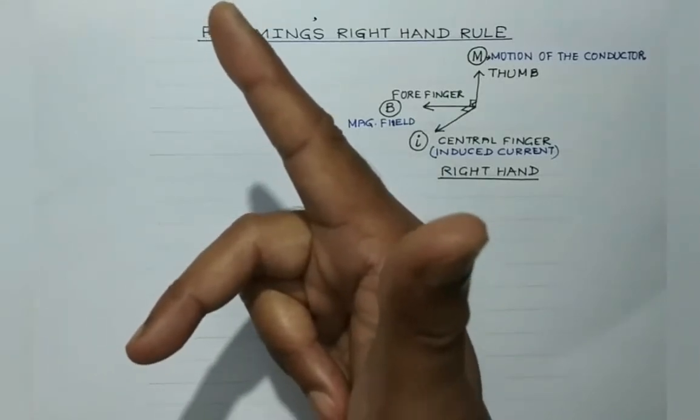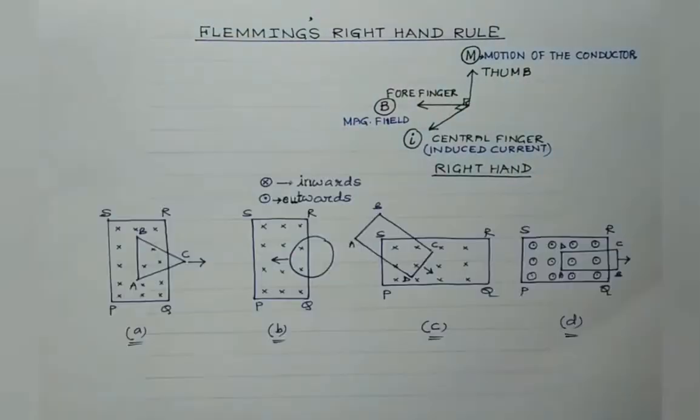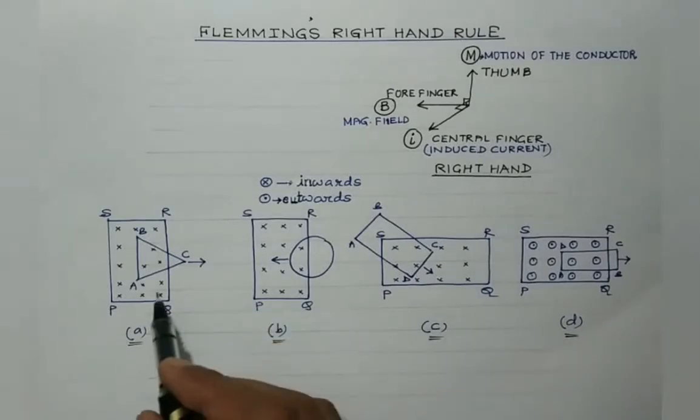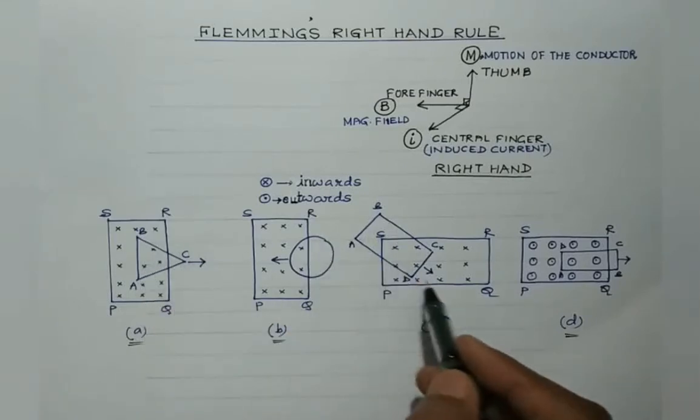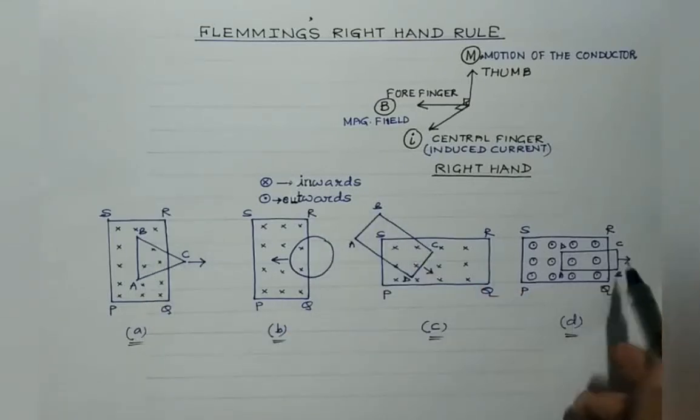Let's do some examples. In the following 4 examples A, B, C and D, we are supposed to find the direction of the induced current produced in these coils by applying Fleming's right hand rule.